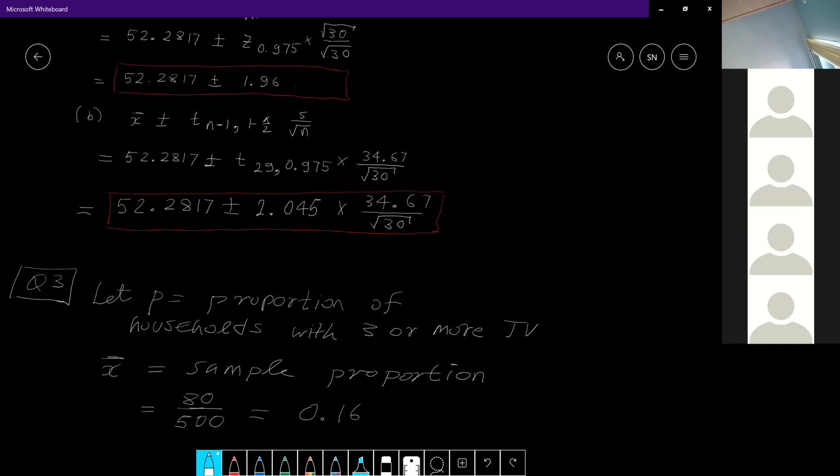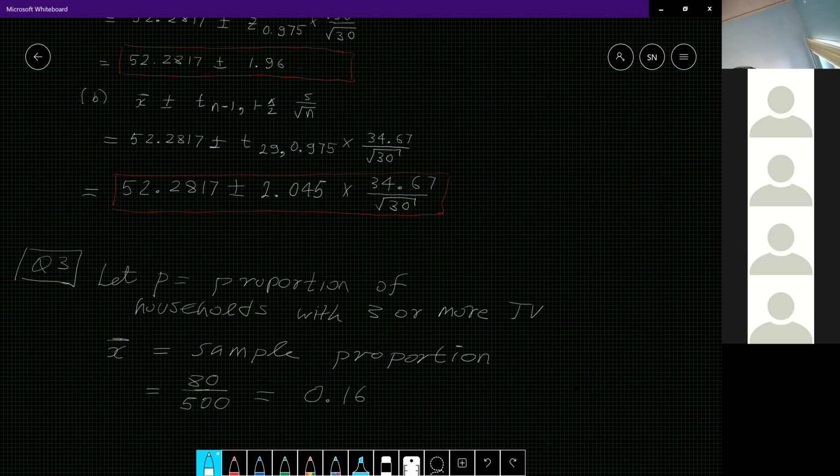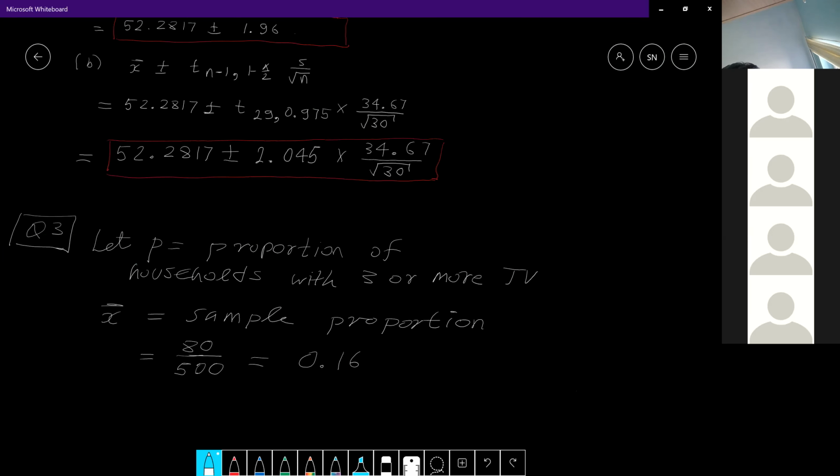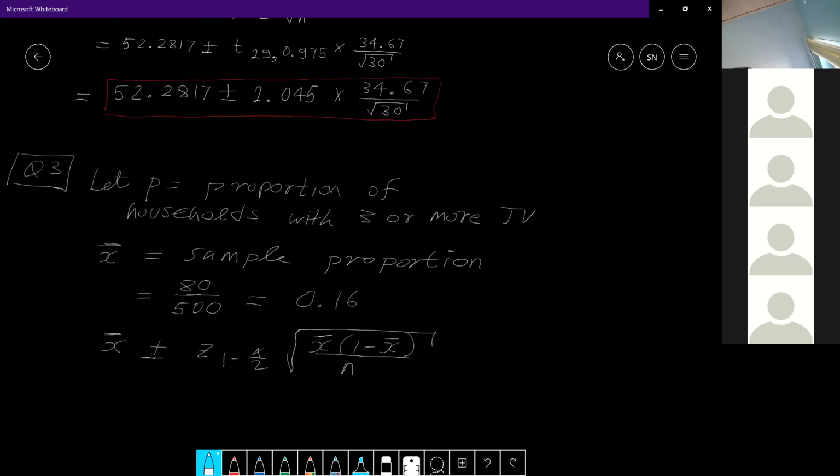All right, and we want to find a 90% confidence interval for P. Now, if you look at the notes I gave you, the formula for the confidence interval for P is something like this. This is the formula for the confidence interval for P. If you look back in the notes, you will see this.